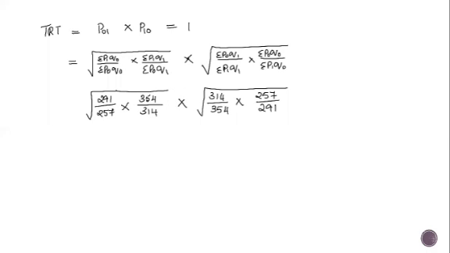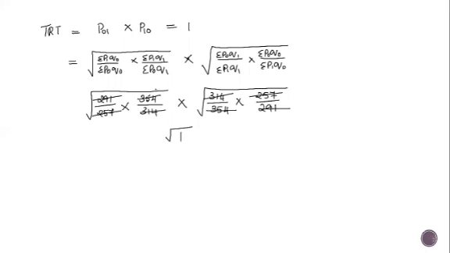Okay. So here you can see 291 is in the numerator and 291 is in the denominator. That means 291 ones are, 257 ones are, 354, 314. So you have cancelled all this. That means it is ones. So the answer will be square root of 1.